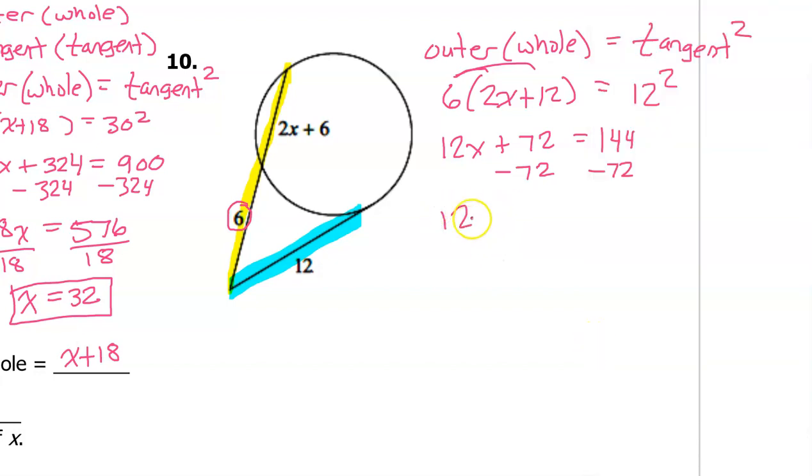So we have 12x is equal to 72. And then if we divide both sides by 12, that's going to give us x is equal to 6.